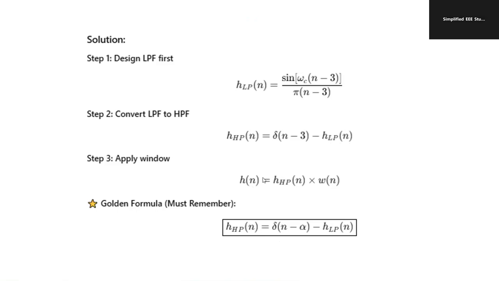So h of n is nothing but h HP of n into w of n. w of n is the window factor, correct? Now, the golden formula you are supposed to remember: h HP of n equal to delta of n minus alpha minus h LP of n. It is a standard formula, a golden rule, I should say.